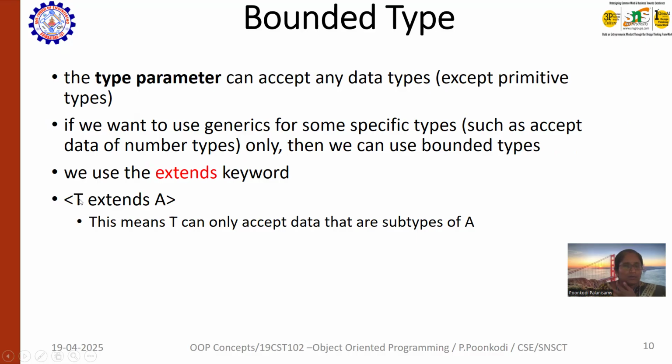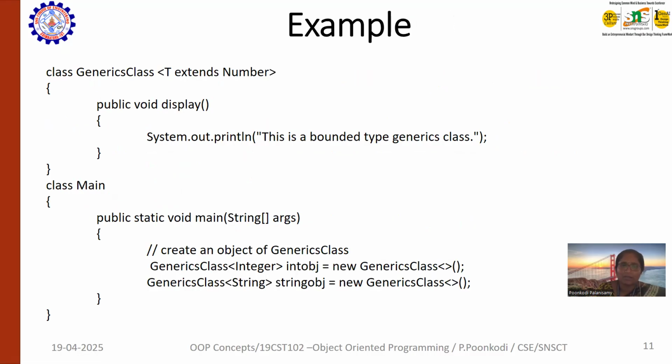The derived class extends the base class name. The same concept is applied here. You can consider this example: class generic class, T extends Number. Number is the base class name. From that, we are going to use the display function alone. This is bounded type generics.